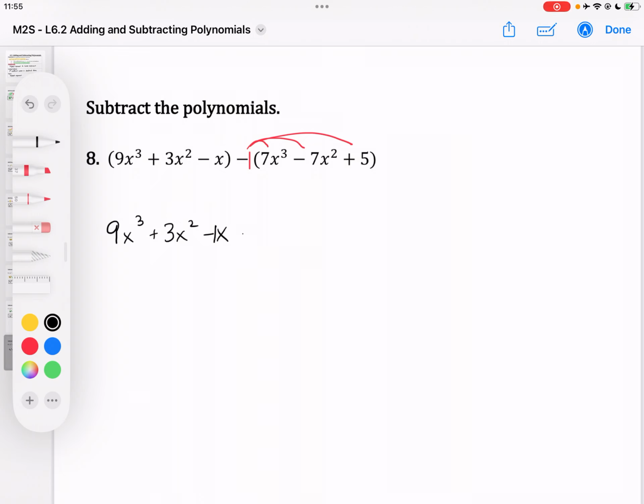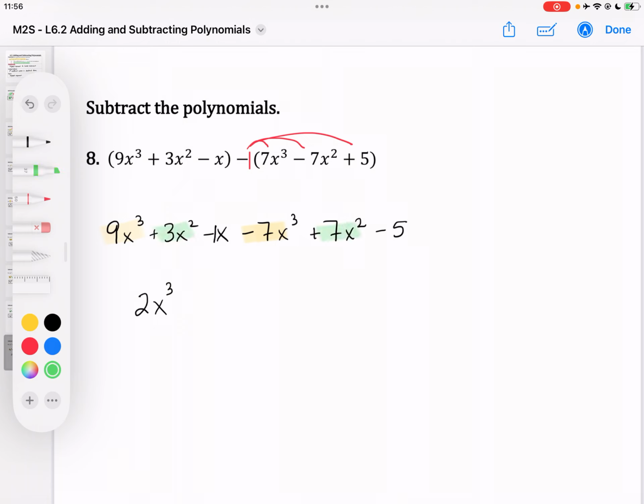And then I'm going to change this to minus 7x cubed, and then a positive 7x squared, and a minus 5. And then let's combine like terms. So 9 plus a negative 7, so we're adding them, gives me a positive 2x cubed.